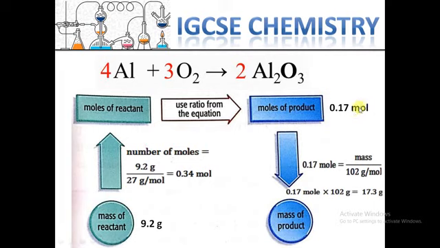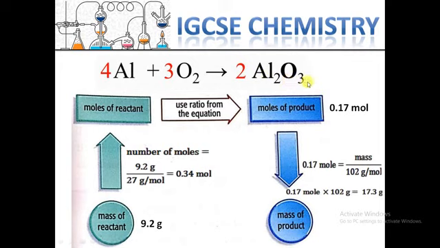Here, from the previous calculation, 0.17, again we use the same relationship, same formula, which is the number of mole is equal to the amount of the mass divided by the mass value from the periodic table. This is available at the first session of this chapter. If I'm not mistaken, we learned how to calculate the mass of a compound.